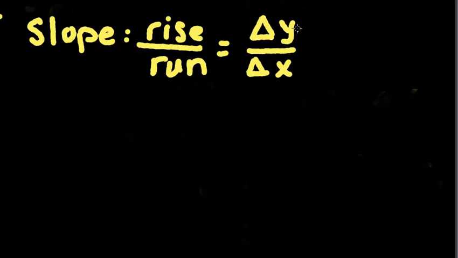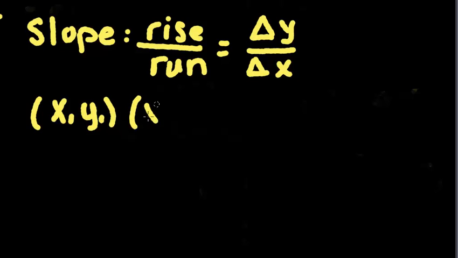So it's always the difference in the y's over the difference in the x's. If we have 2 points, x1, y1, and x2, y2, we are going to subtract the 2 points. That's what the difference means. We always put the difference of the y's on top of a fraction and the difference of the x's on the bottom.